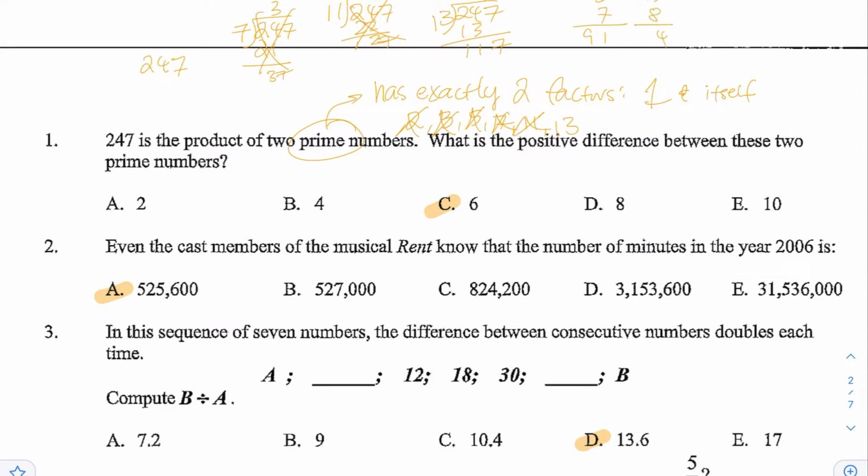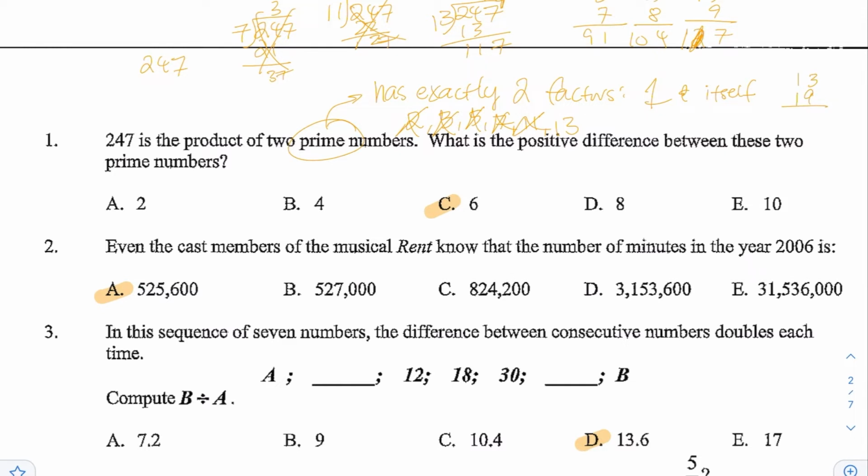And 13 times 8 is 104. And 13 times 9 is exactly 117. So the answer is 13 times 19 rather.